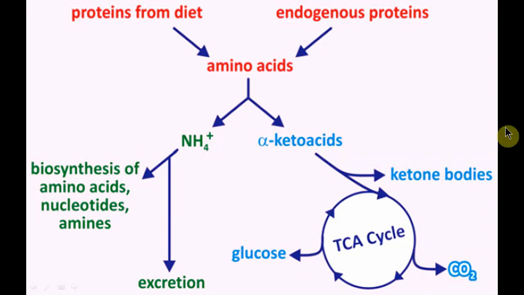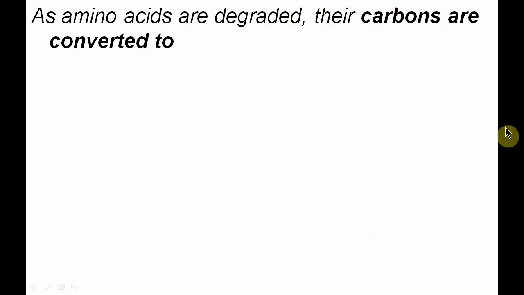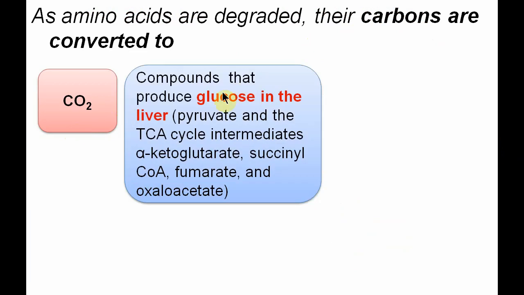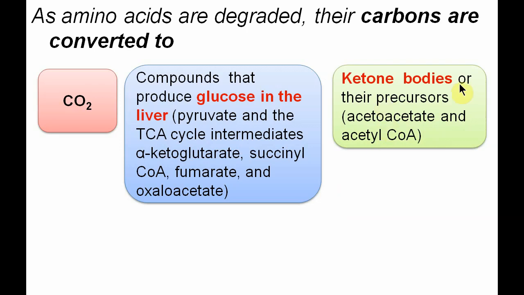Summarizing, as amino acids are degraded, their carbons are converted first to carbon dioxide; second, to compounds that produce glucose in the liver, that is pyruvate and TCA cycle intermediates like alpha ketoglutarate, succinyl coenzyme A, fumarate and oxaloacetate; and third, to ketone bodies or their precursors acetoacetate and acetyl coenzyme A.